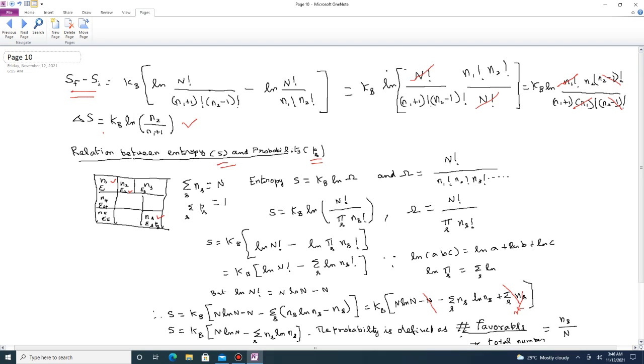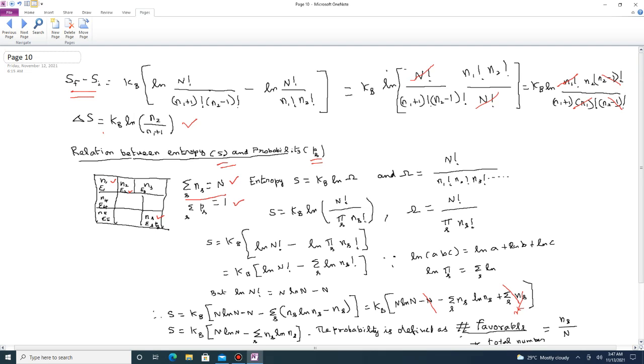Then, what is the total number of particles? The sum of n_s, that is n1 plus n2 plus n3. We sum all the values, and that is the total number, capital N. What is the total probability? P1 is the probability corresponding to the first cell, P2 the probability corresponding to the second cell, and so on, and the total probability, the sum of P_s over all the cells, is equal to 1.